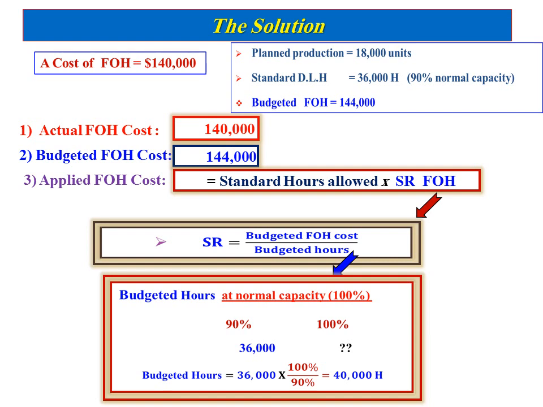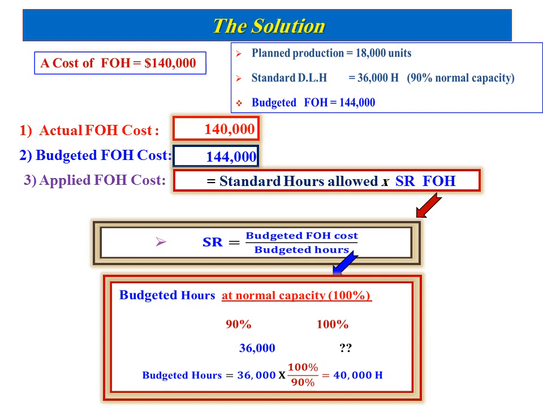So when you calculate the standard rate for fixed, you have to be assured that your budget hours are at normal capacity.